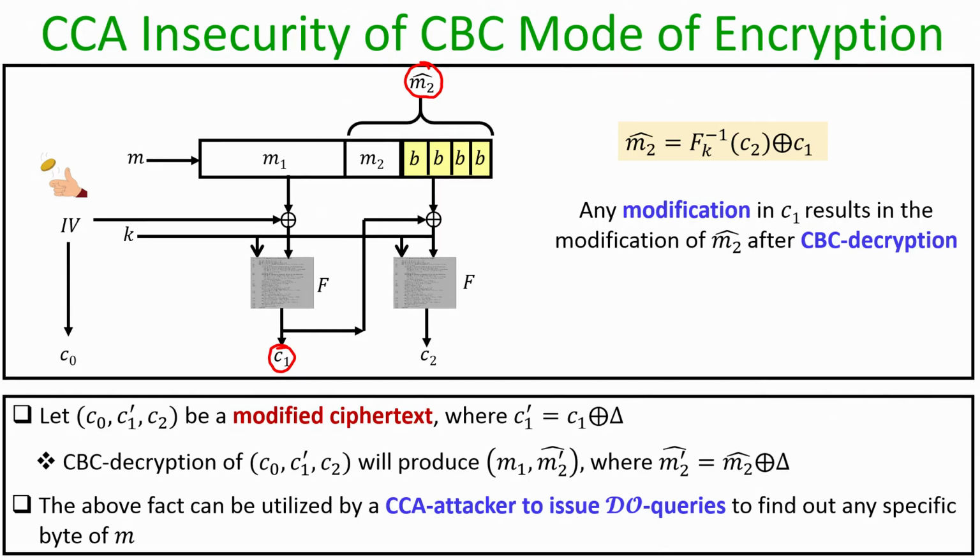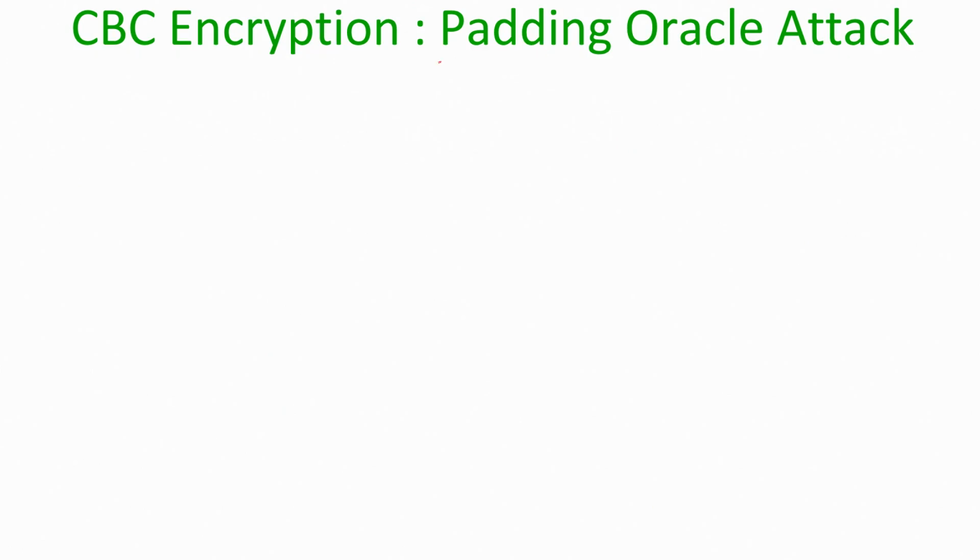Based on the response that it sees from the decryption oracle service, the adversary can find out any specific byte of the M which it is interested in. And this attack is called a padding oracle attack. Why it is called a padding oracle attack, the name will be clear soon.